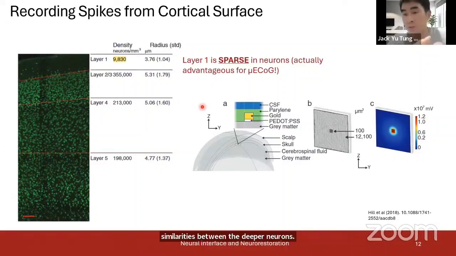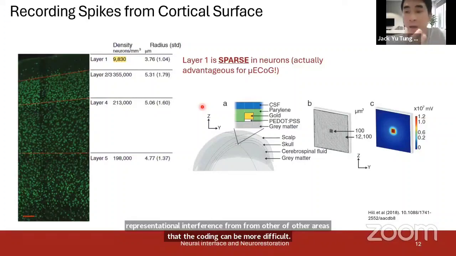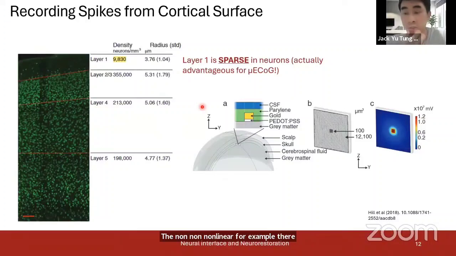Also, layer one neurons have wider connectivity from different regions, so you may get a lot of representational interference from other areas. The decoding can be more difficult, and more non-linear, for example. There are some considerations for that. So again, these are all ideas for future research.